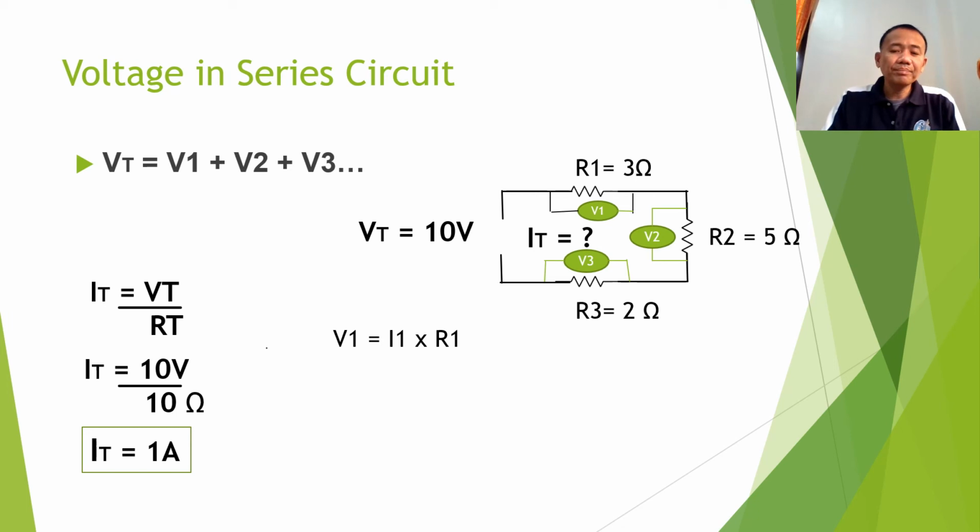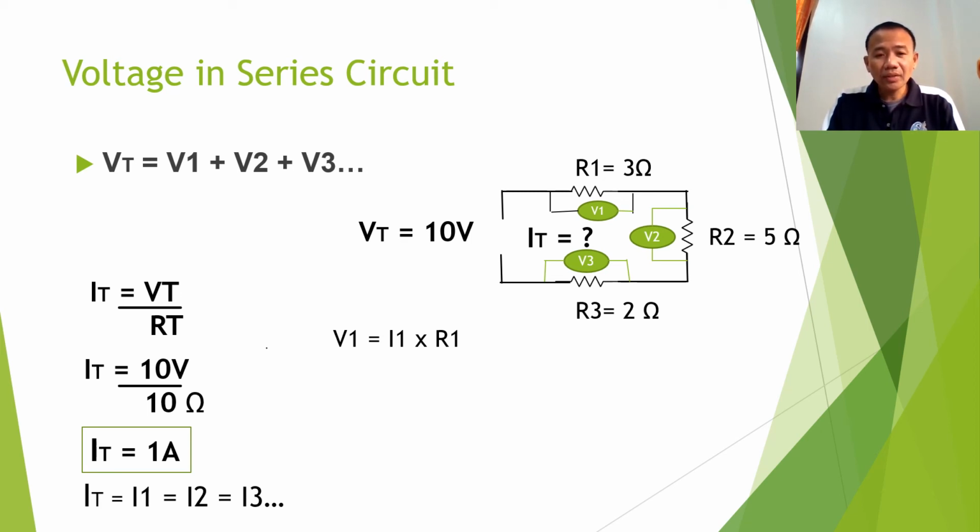Since series circuit law says that IT is equivalent to I1, equivalent to I2, equivalent to I3, and so on, we can say that the value of I1 is equivalent to 1 ampere.